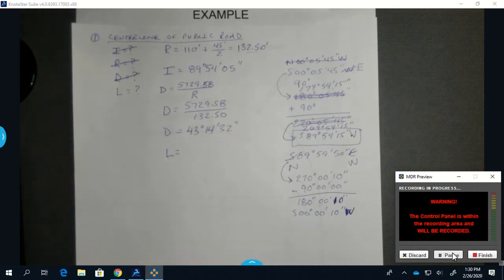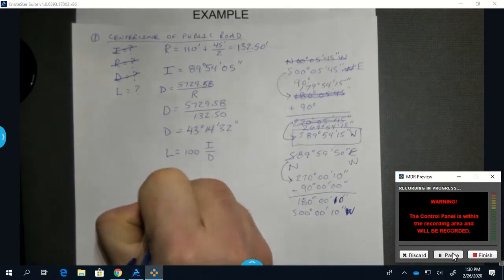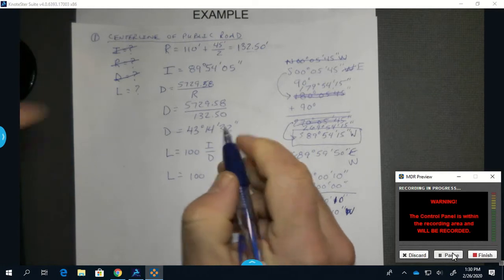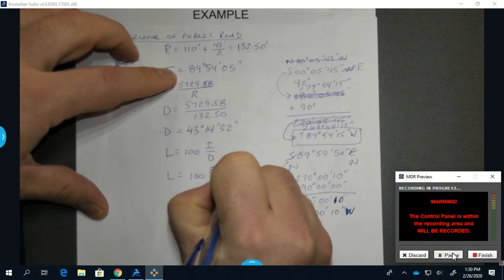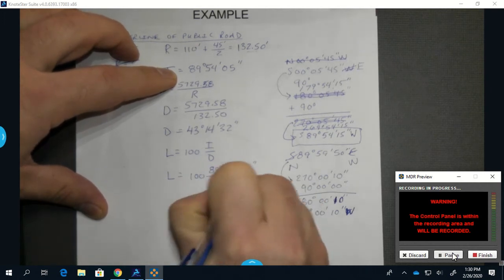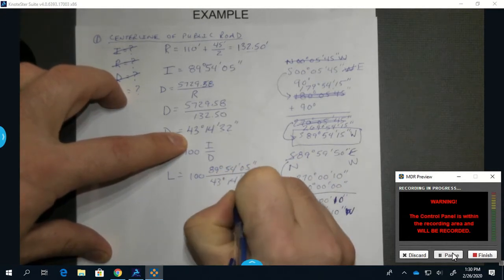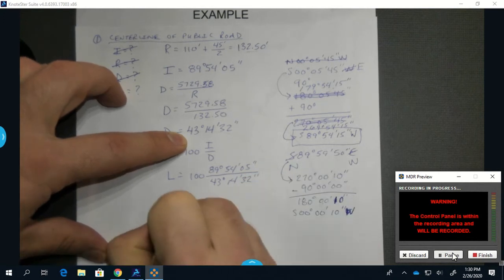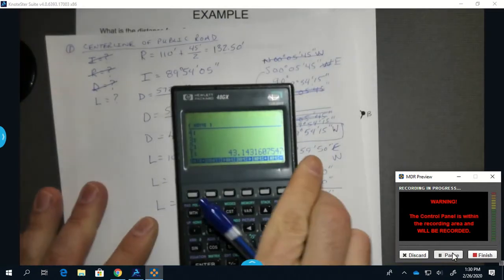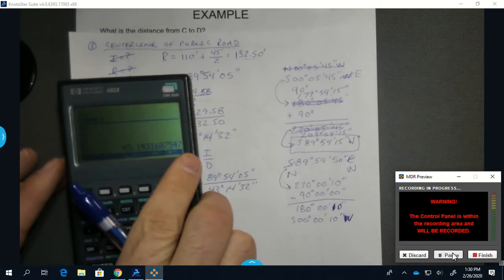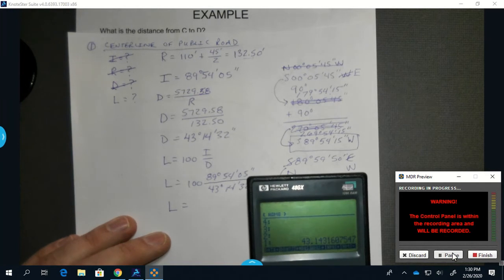So let's figure out L. L is equal to 100 I over D. My I value is 89 degrees, 54 minutes, 05 seconds, over D, which is 43 degrees, 14 minutes, 32 seconds. So for my L value, let me toss up my trusty calculator here.